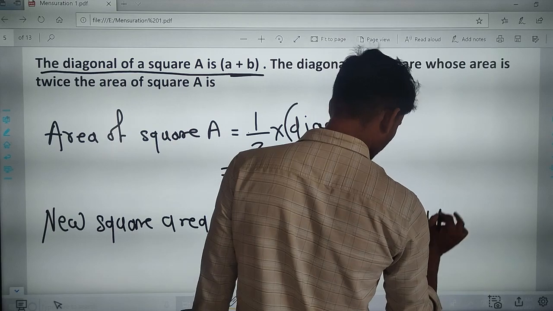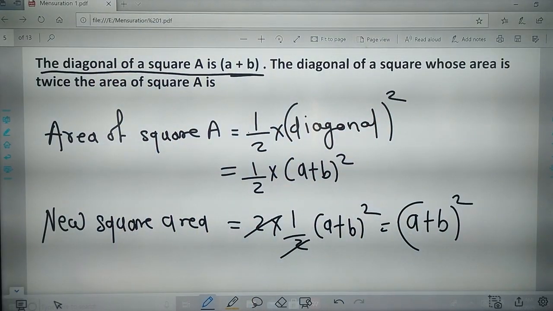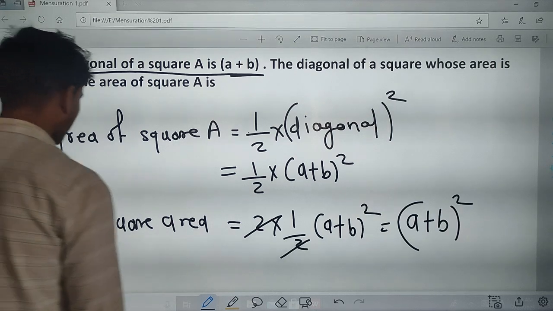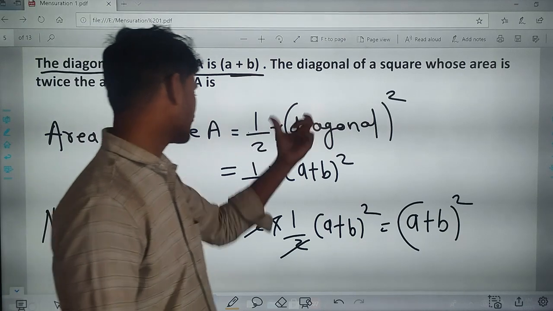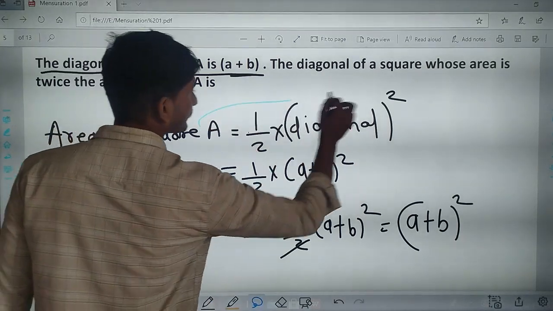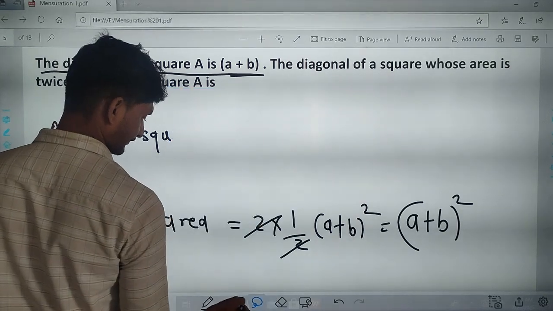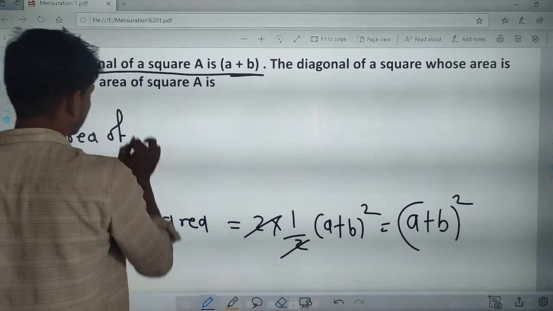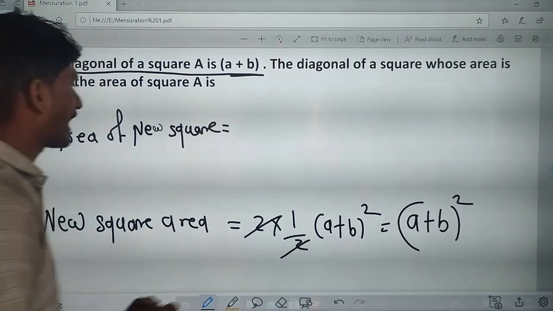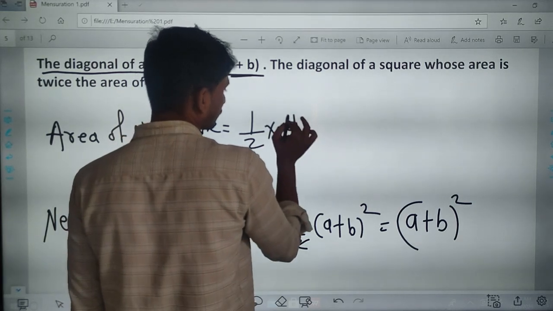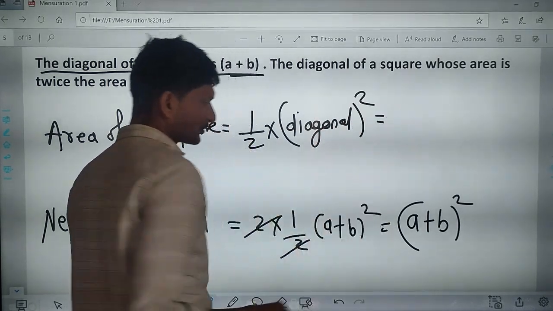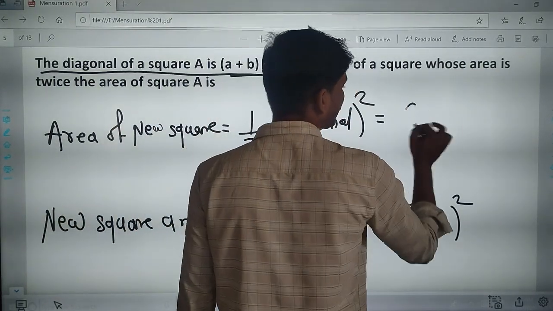Then the area of the new square is equal to (A plus B) squared. Then we find the diagonal of the new square by the formula: area of the new square is half into diagonal squared, which is equal to (A plus B) squared.